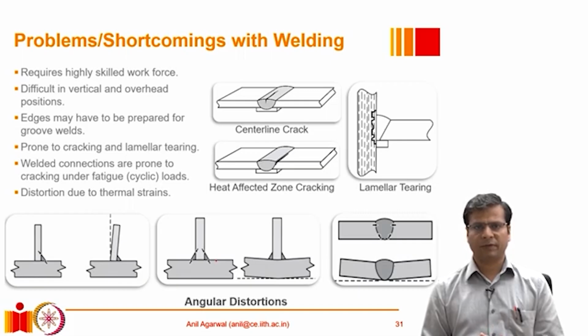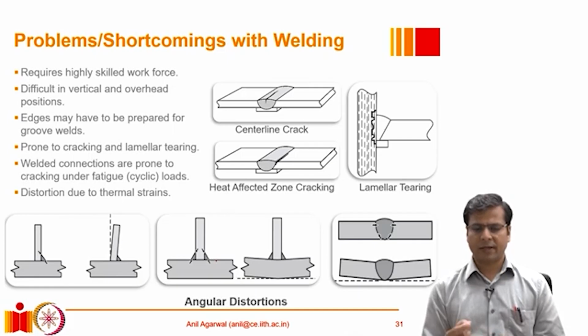Again, as we just discussed, welded connections are susceptible to cracking, lamellar tearing, and other types of defects, and that can affect the life of the structure. Also, under fatigue conditions, welds typically perform more poorly in comparison to bolted connections.